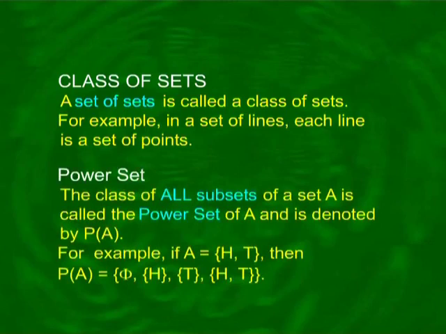The class of all subsets of a set A is called the power set of A, and it is denoted by P of A. For example, if A is the set head and tail, then the power set is given by the null set phi, the set {H}, the set {T}, and the set {H, T}.